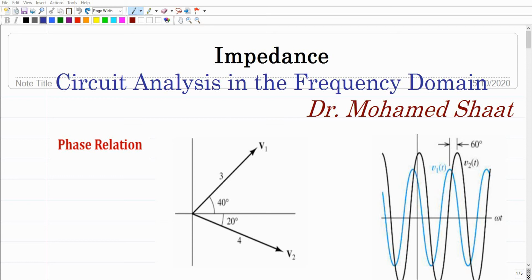Once we do so, it looks like we already converted the electrical circuit into another domain, which is commonly known as the frequency domain. So this method depends on converting the electrical circuit, using the phasors concept, into the frequency domain.